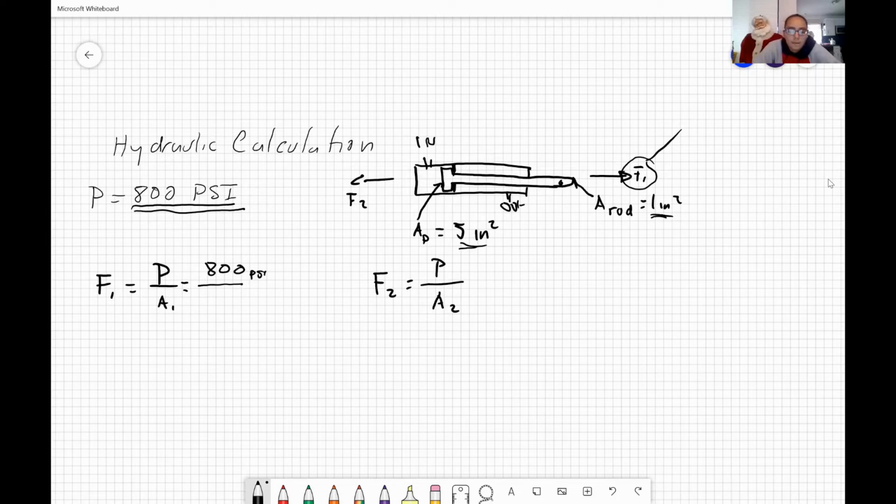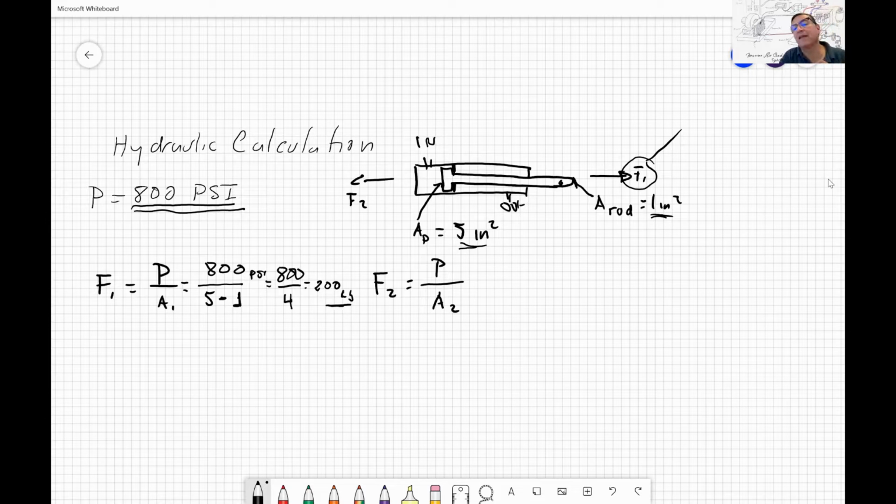How much is that area? It is 5 inches minus 1, the area of the rod. In that case, it is 800 times 4, this is 3,200 pounds.